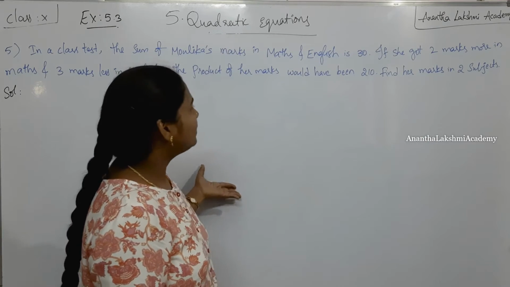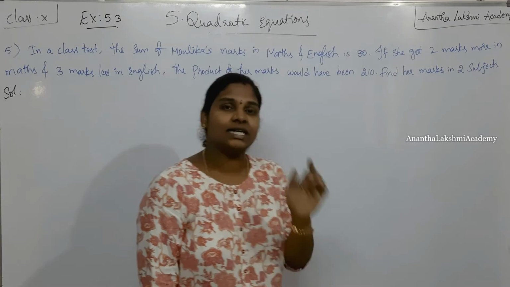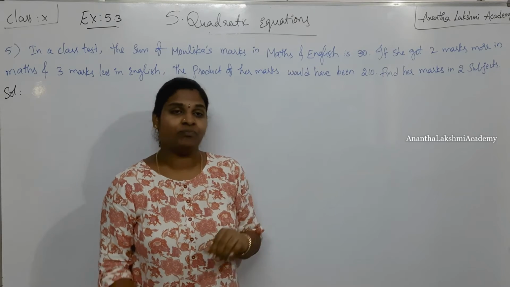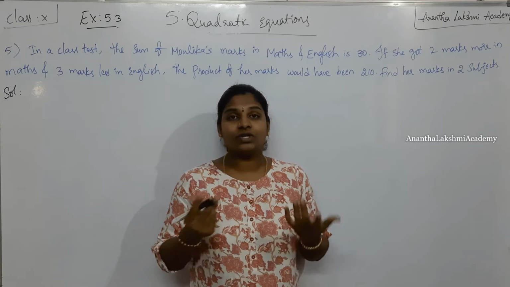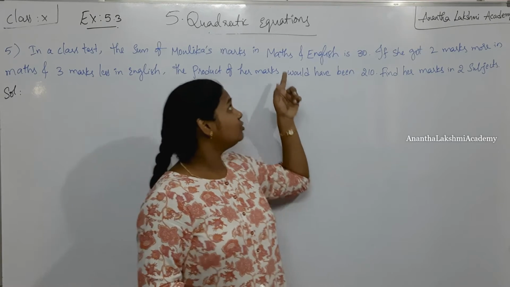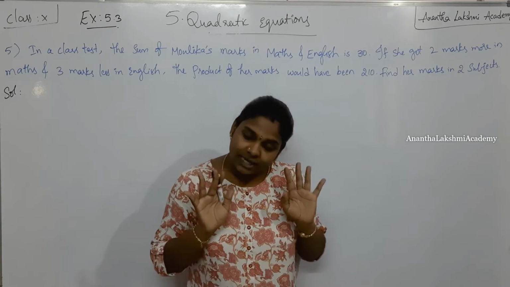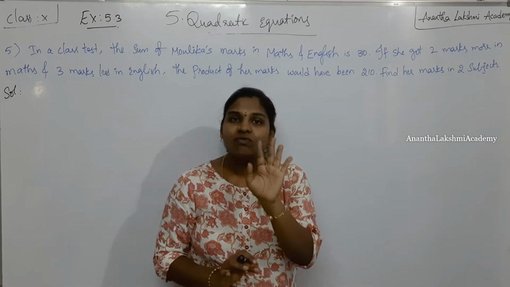Okay, here the first hint that is given for us is that maths and English marks sum to 30. If you are directly coming here after solving the 4th chapter, which is pair of linear equations, you might assume maths to be x and English to be y. No, here we are dealing with quadratic equations wherein we can figure out only one value of x.